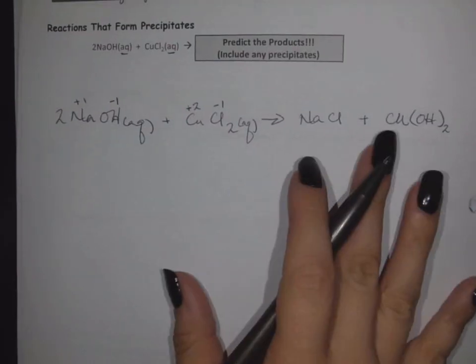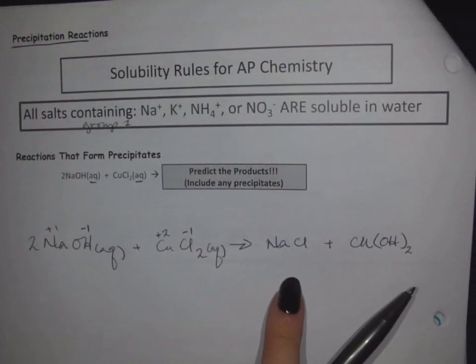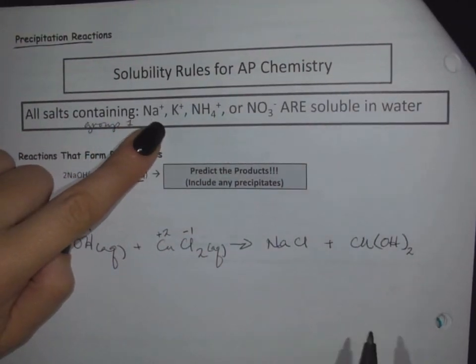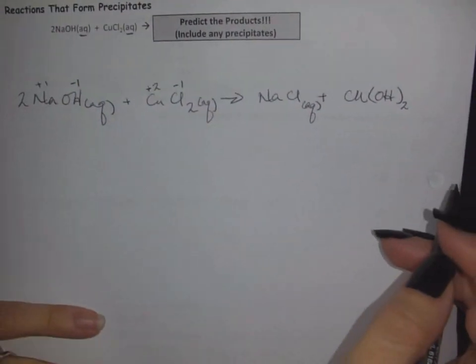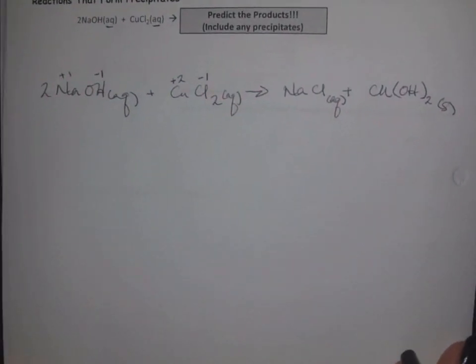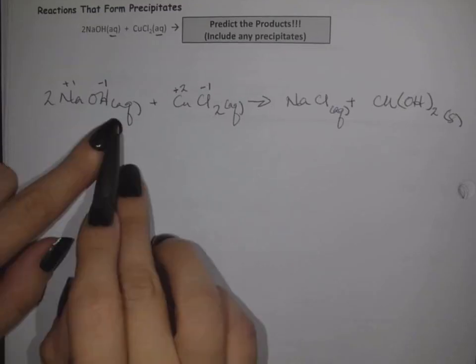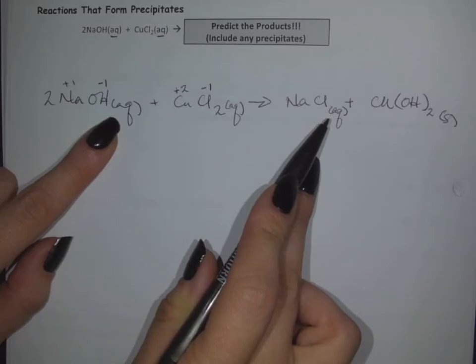Okay. One of these is a precipitate, and one is aqueous. If it has any of these things in there, then it's soluble, so it's not the precipitate, it's aqueous. And the other thing must be the solid. Usually what we do after this is that we write the complete ionic, and then we write the net ionic. So for this one, I would break them apart into their ions.